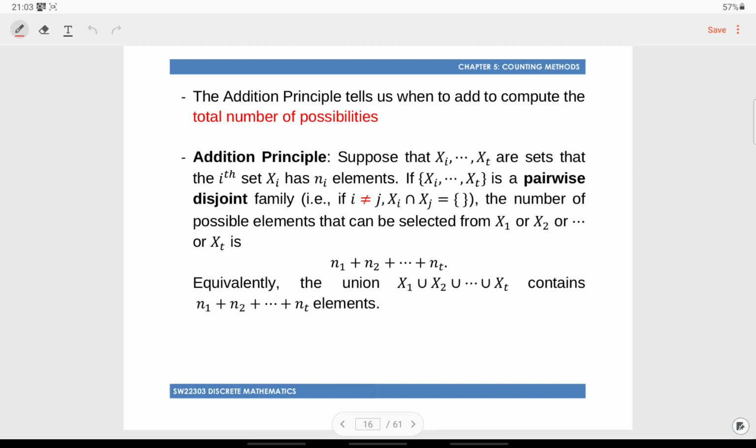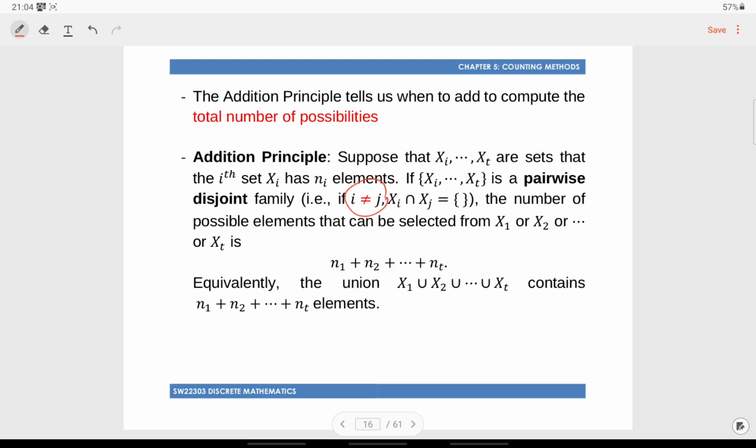If we pair Xi and Xj, where i is not equal to j, the intersection between these two sets Xi and Xj is equal to an empty set. That means there is no common element in these two sets.